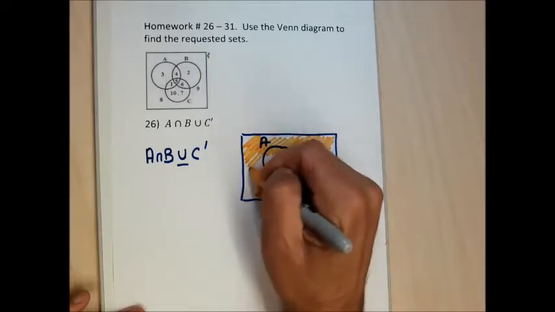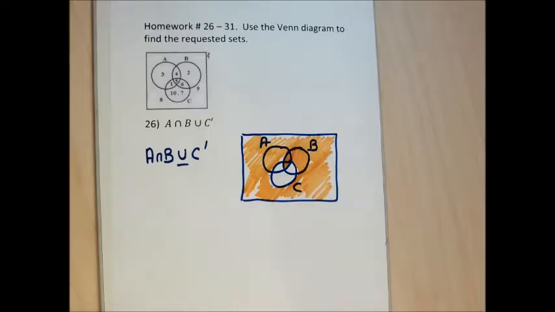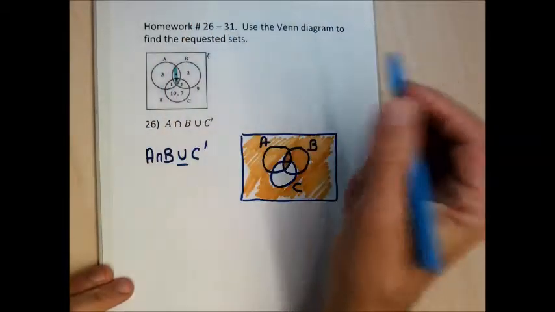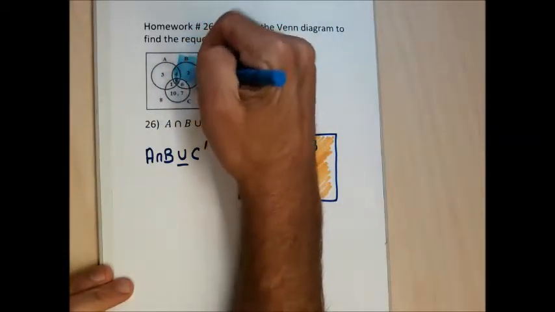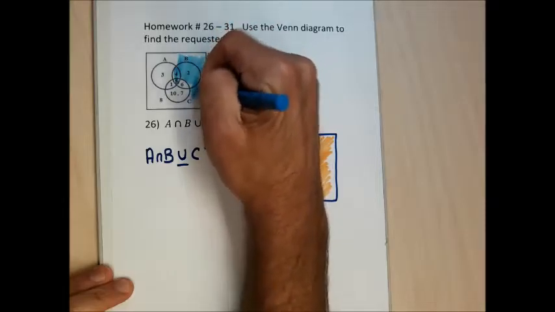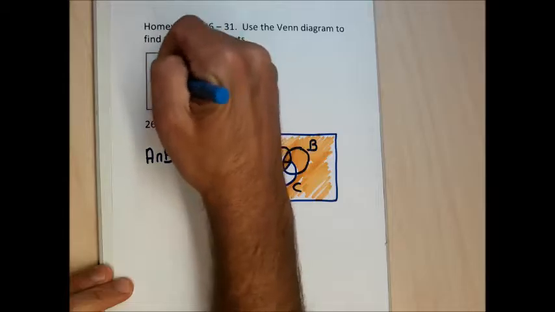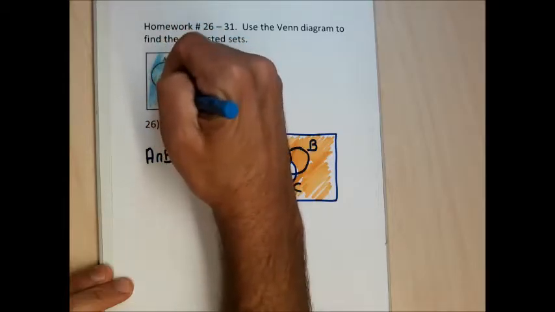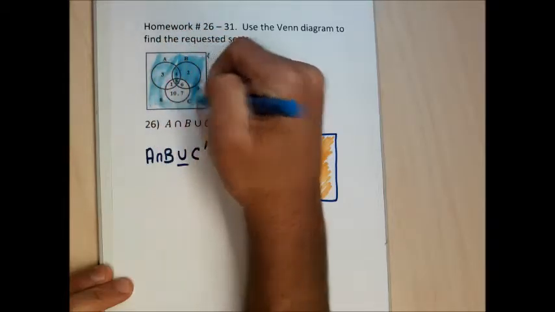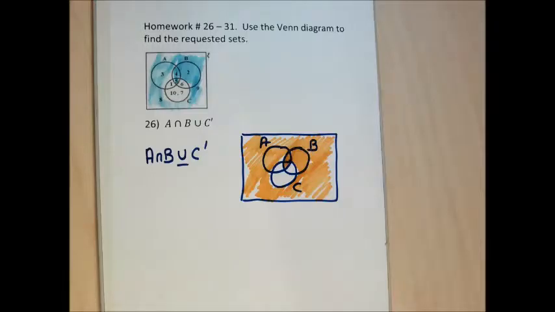So now I've taken A intersection B, I've unioned it with C complement, so I get a kind of an odd looking graph. And in my graph, I need to have this region and everything outside of the C circle highlighted. So this is going to be a picture of what I need to focus on.